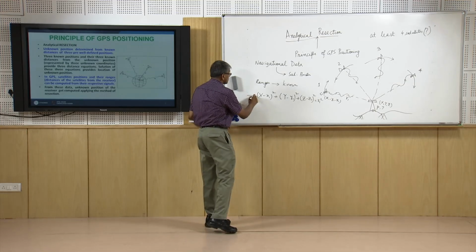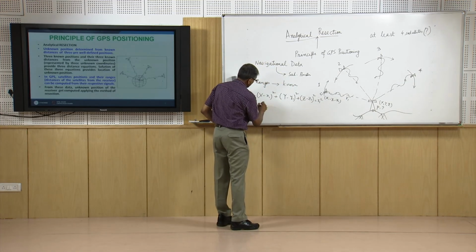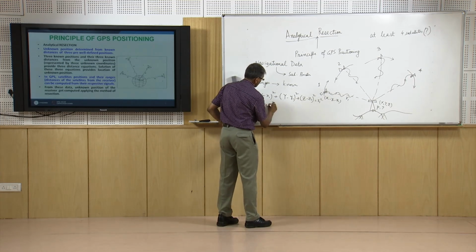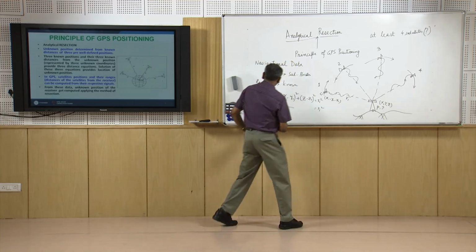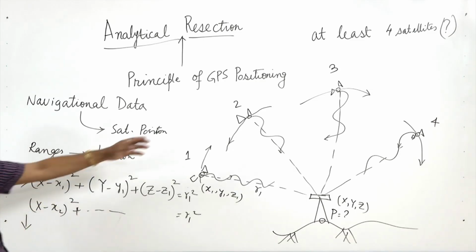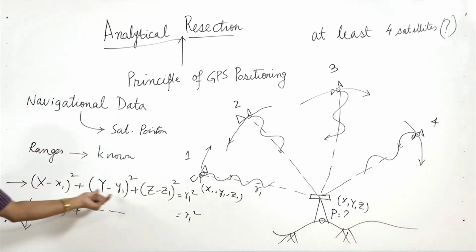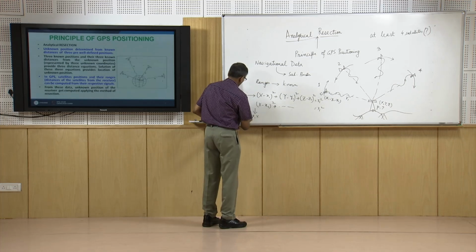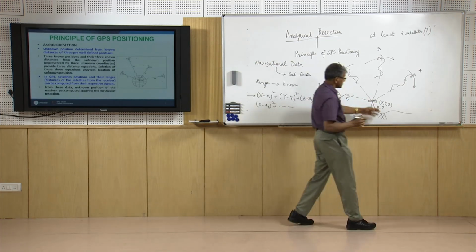Similarly, for satellite number 2 we can write in that way. For 3 satellites we can write 3 equations and we have 3 unknowns. Solving this we can get the unknown location x, y, z.